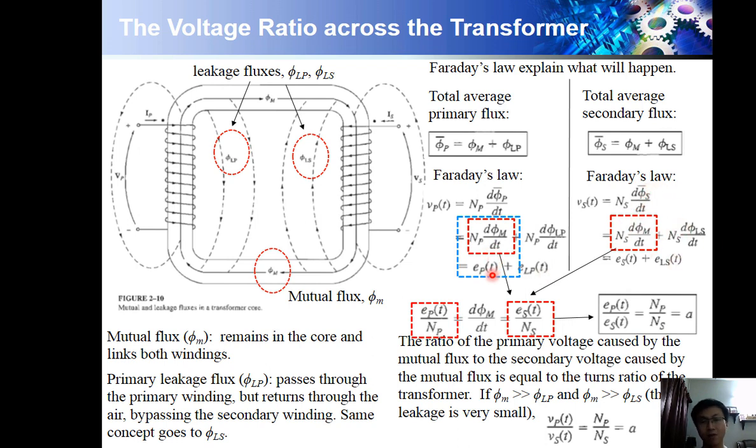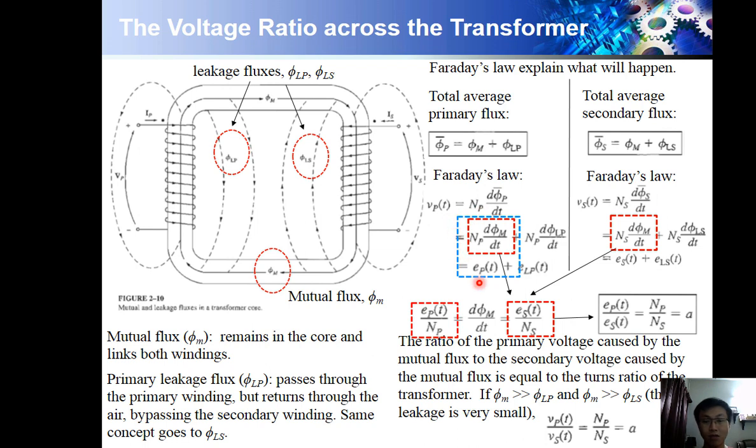Then I give it another name, EPT, the instantaneous primary induced EMF, which is the induced EMF due to the mutual flux at the primary side, plus the induced EMF due to the leakage of the primary winding, where T is instantaneous. So I can also name them EST and ELST.